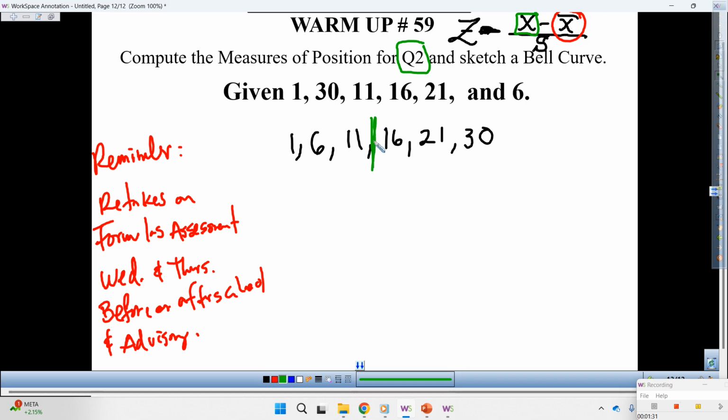Tell your neighbor what you got for the median. What's our median, Vianney? 13.5. If you add 11 plus 16, that's 27 divided by 2. That's 13.5. That is correct.